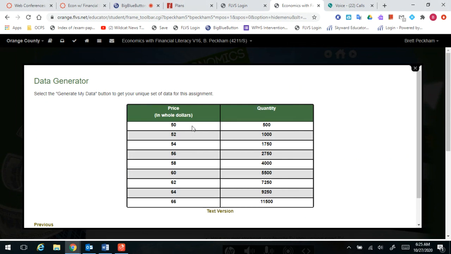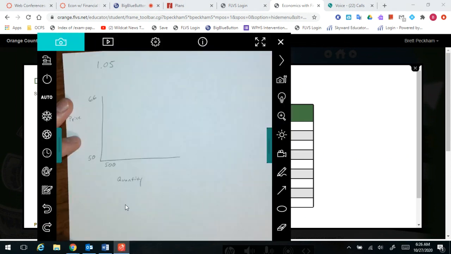So price was from 50 to 66, going up by twos, and then the quantity was our 500 going up to 11,500. So all I'm going to do here is just plot this stuff out and take a look.